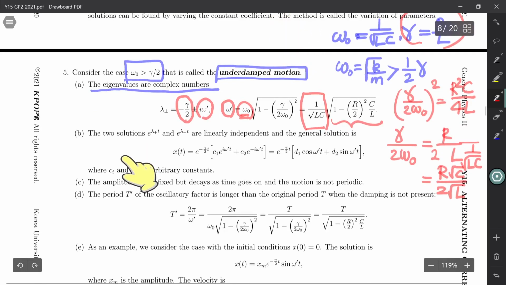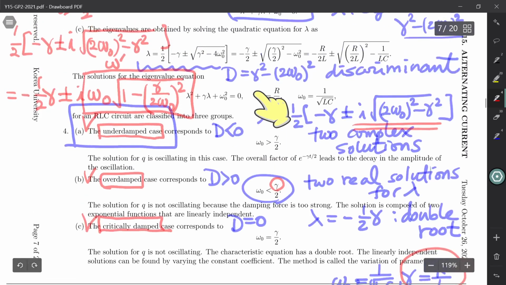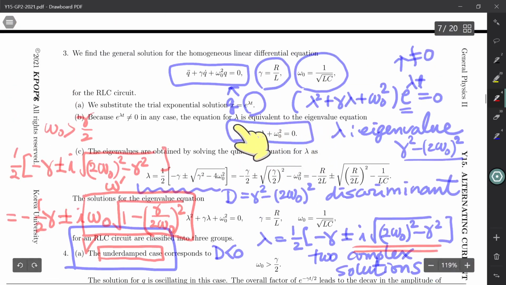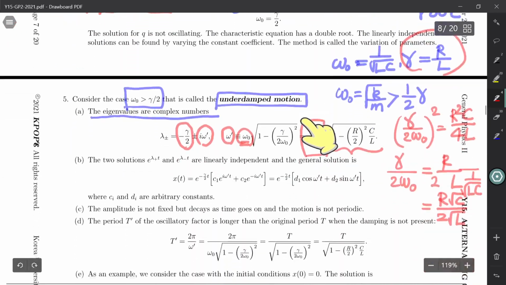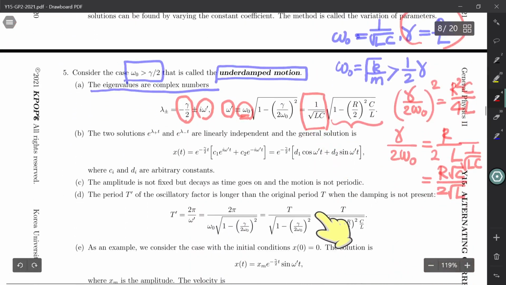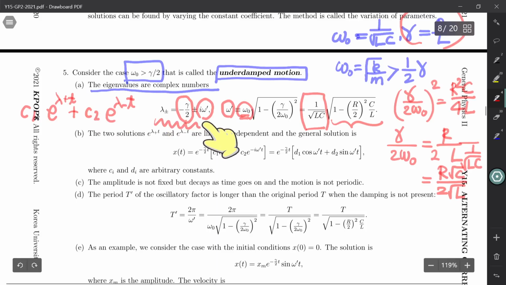The general solution for this homogeneous second-order linear differential equation is a linear combination of the two exponentials, e to the lambda plus t and e to the lambda minus t, with arbitrary constants, and lambda plus and minus are given here.